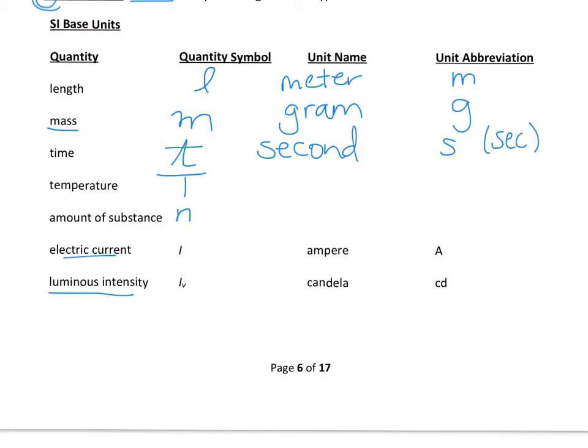Our textbook didn't have that, but I've seen it like that on multiple occasions. Kelvin is the SI unit for temperature. We will learn how to convert Celsius and Fahrenheit to Kelvin. And then the amount of substance is something called a mole, which we will also learn about, and it is abbreviated that way.